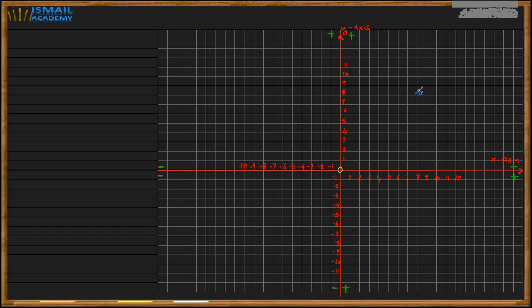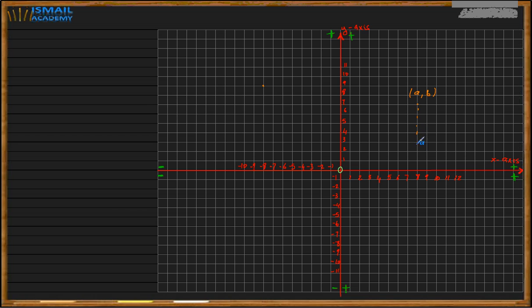And each point in the plane, whatever point you pick, for example here or here, can be located by an ordered pair. So, for example, (A, B), where A can be obtained by a vertical projection.